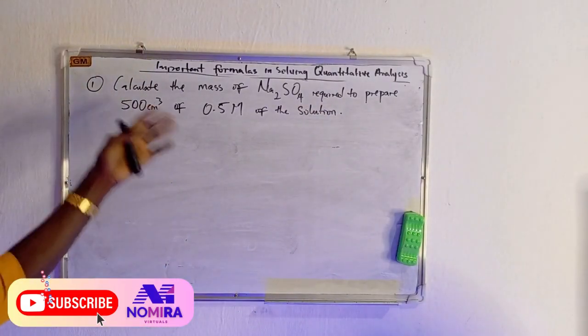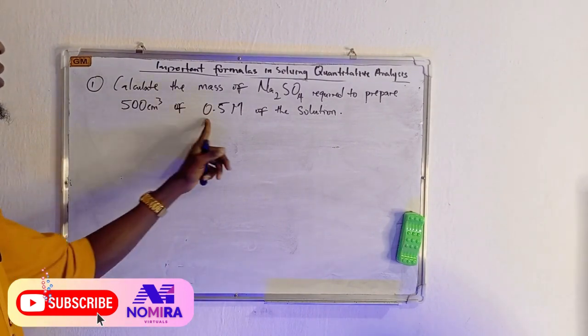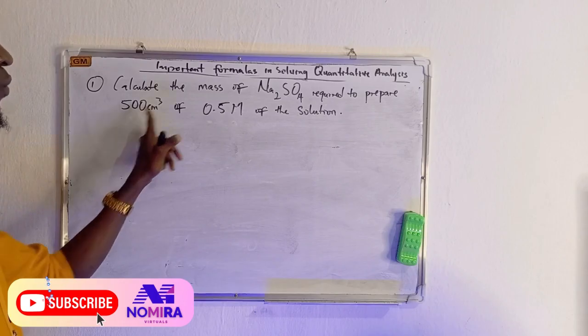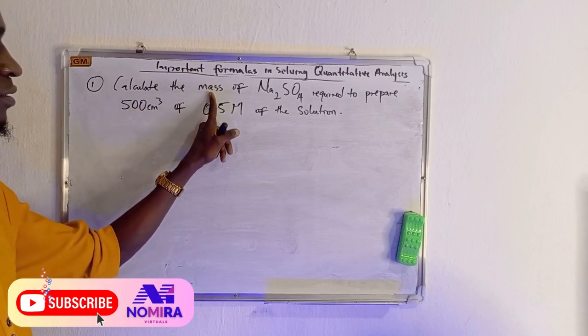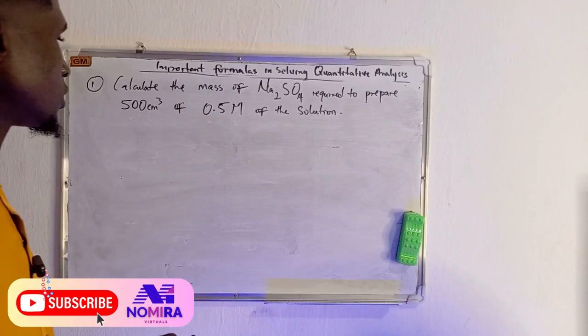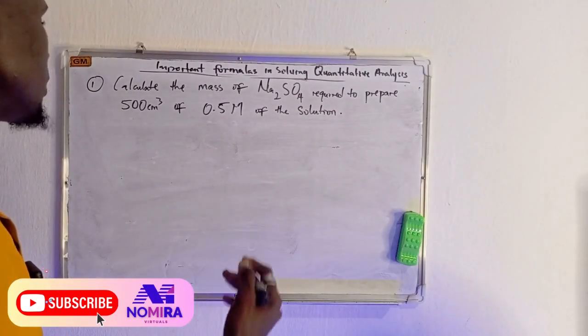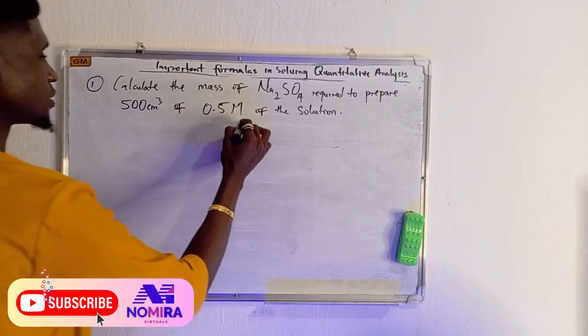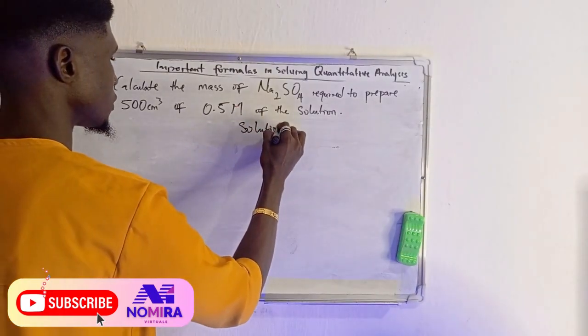Okay, with this kind of question, you can see molarity, you can see volume, and we can find mass, because there is a formula that unites mass, molar mass, volume, and molarity. That is the formula we are going to use here.